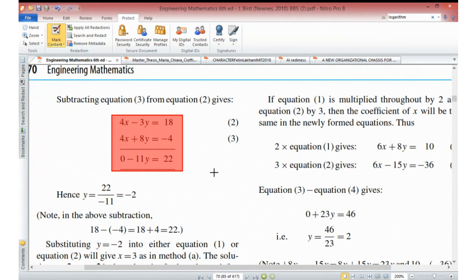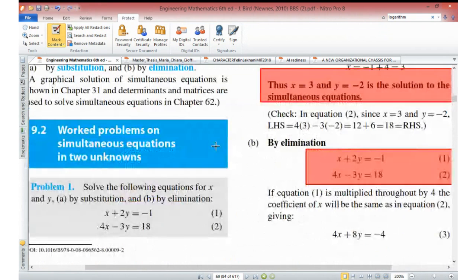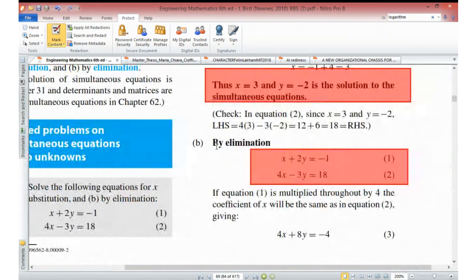So like what we have here, if you check the previous equation that we had in B there, we had x plus 2y is equals to -1, and 4x minus 3y is equals to 18.